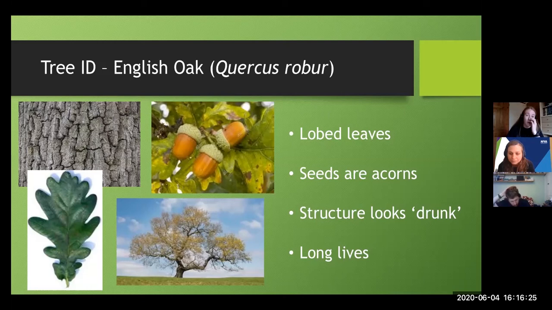There is another oak in the UK called the sessile oak, and the way to know the difference is that the English oak doesn't have leaf stalks, so the leaf is just attached, but the acorns do. Whereas the sessile oak is the opposite way around. They have leaf stalks, but the acorns don't. The acorns are just completely attached.